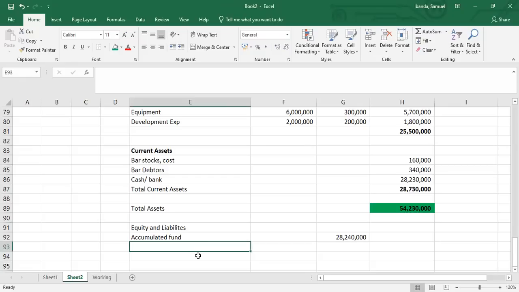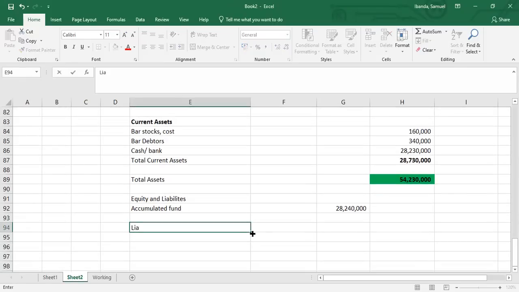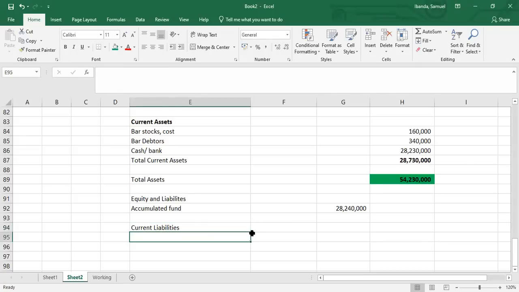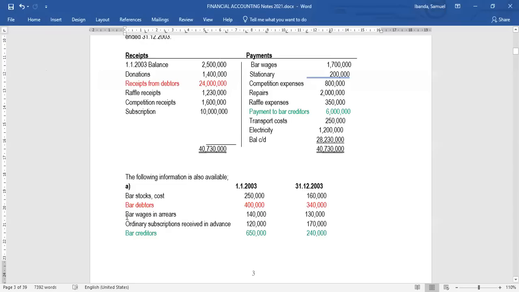Okay, so liabilities, I don't have long term. Okay, so I only have current liabilities. So I'll just create a heading for them and just pick them the way they are. Remember, I don't have to calculate them. I have them here. So I have bar wages. I have in arrears.